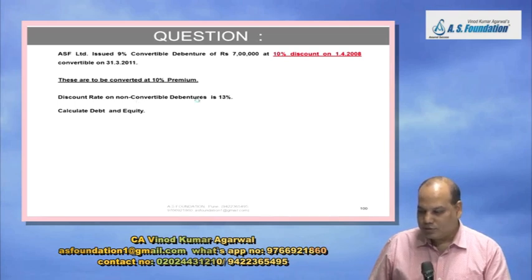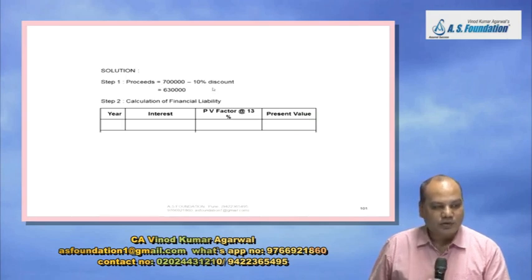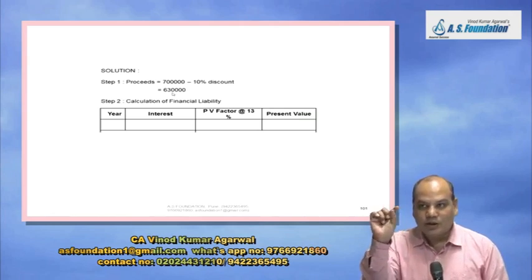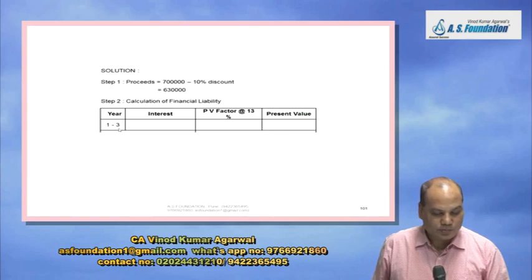Discount rate is 13%. Calculate first the proceed: 7 lakh minus 10% discount, 6 lakh 30,000. Be careful with the question. This time it is at discount. For calculation of financial liability, we will only consider the coupons. 3 times coupons will be paid. That cannot be denied by the company.